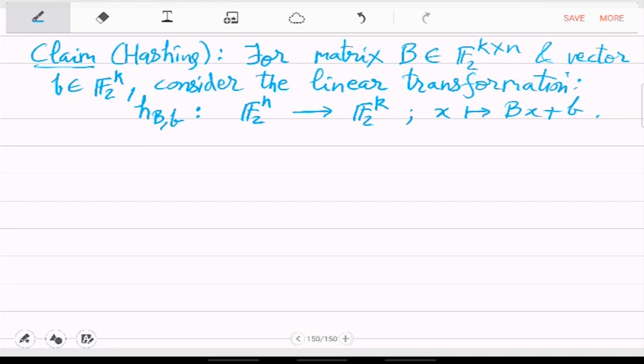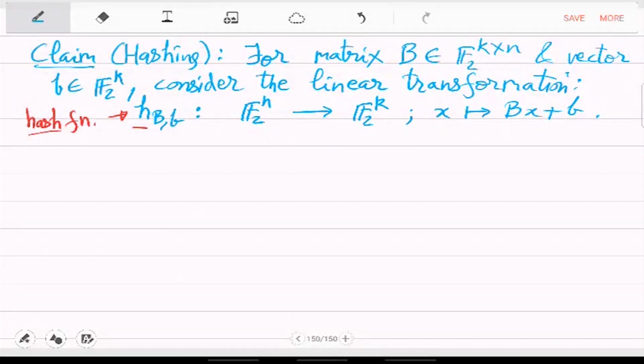So what you get is a k cross 1 vector, which is also the shape of b, so you can then add. This is shrinking the ambient space from 2 raised to n to 2 raised to k, and this function is called a hash function. Think of h as a hash function.